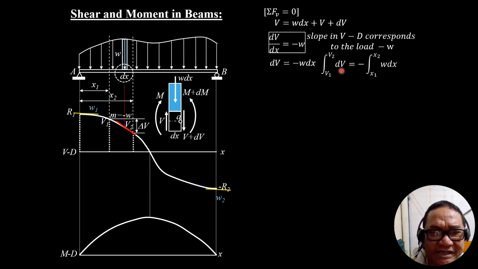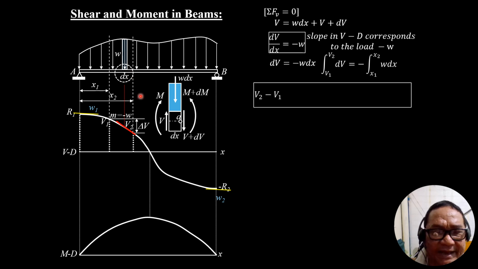So the change in shear therefore corresponds to the area of the load diagram between x1 and x2. So that's the interpretation. V2 minus V1, delta V, equals the negative integral from x1 to x2 of W dx. And what is W dx? That's the area of the load diagram between x1 and x2.